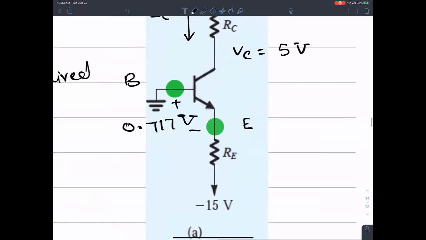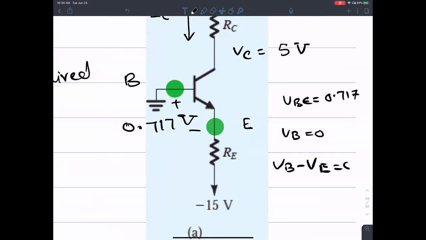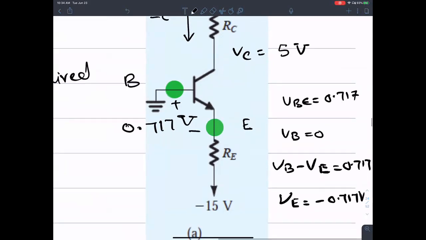Because VBE is 0.717, and VB is 0, VB minus VE is given to be that. I should be able to calculate VE to be negative 0.717 volts, right?